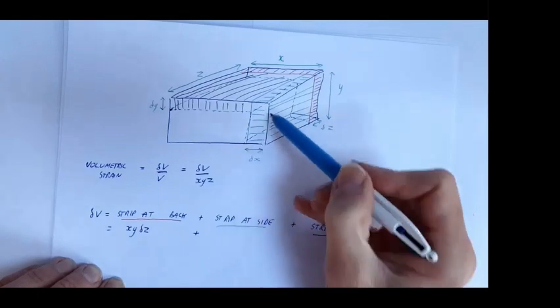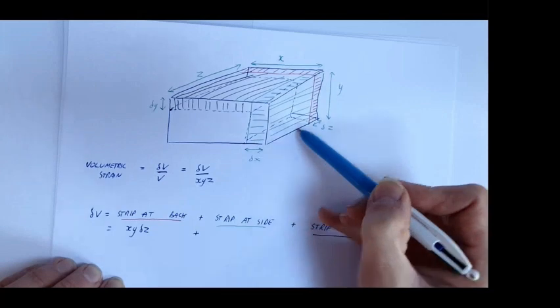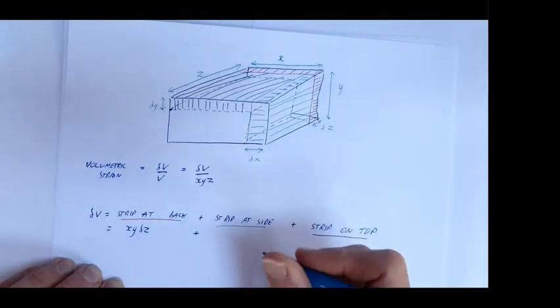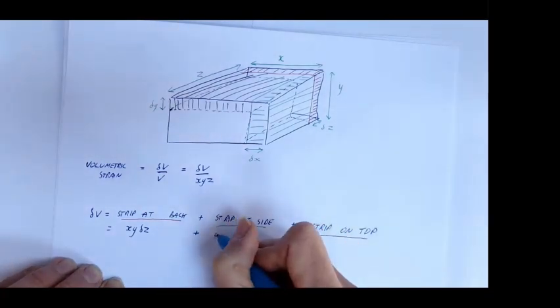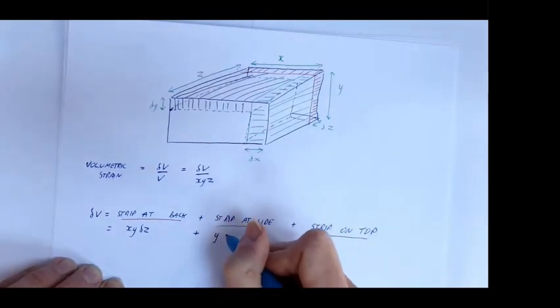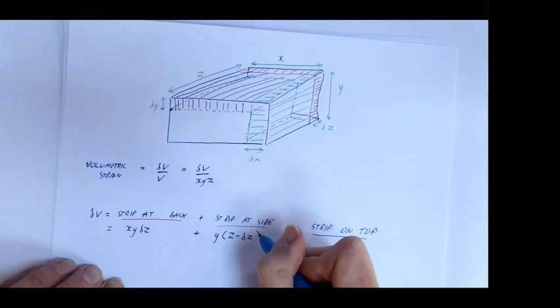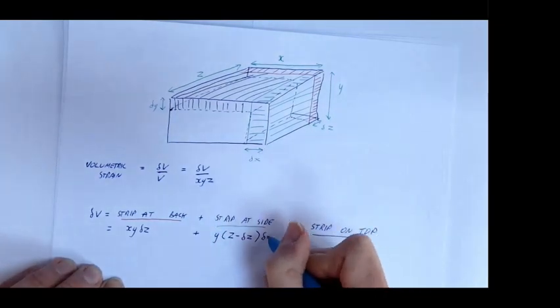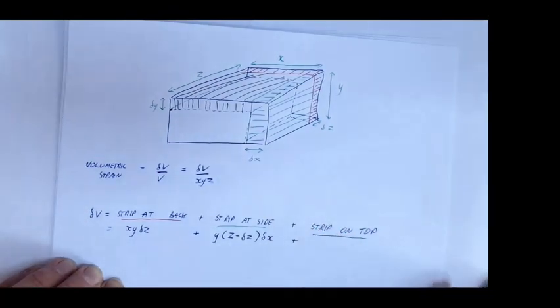Okay, so that is y high times by z minus delta z times by delta x, plus the strip on top.